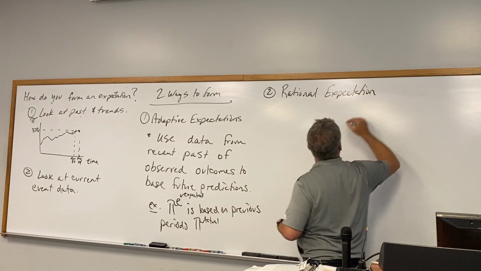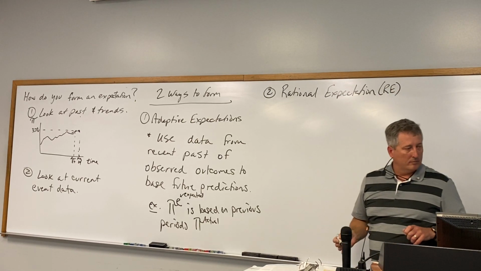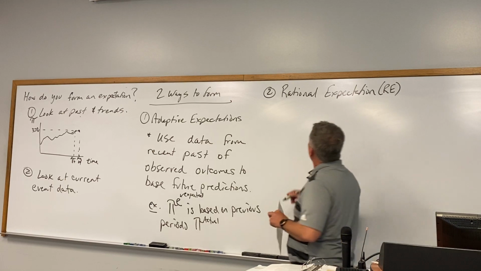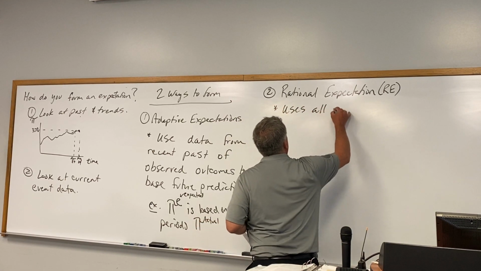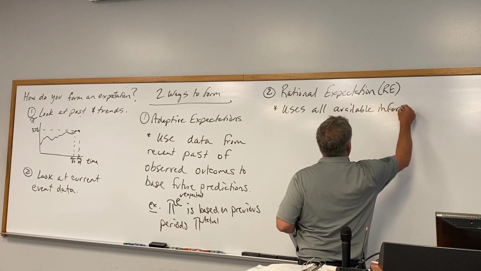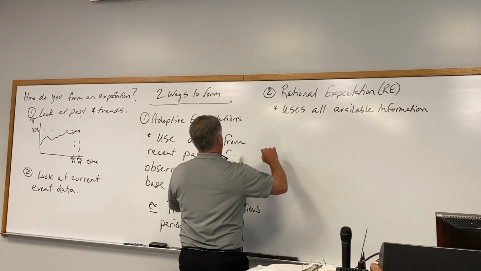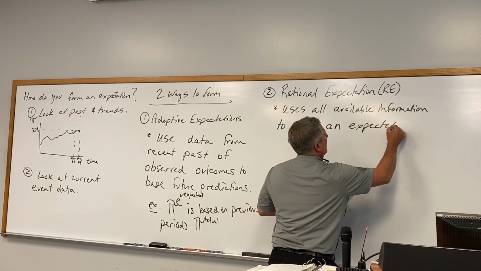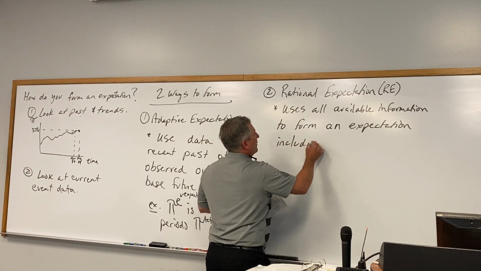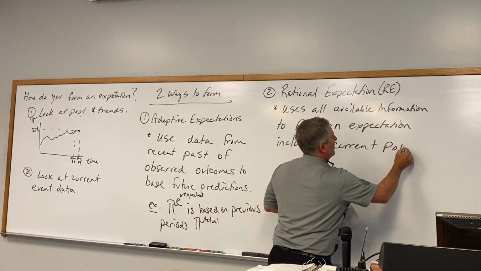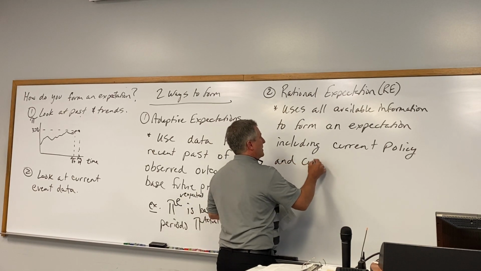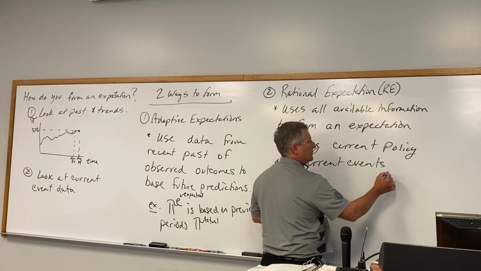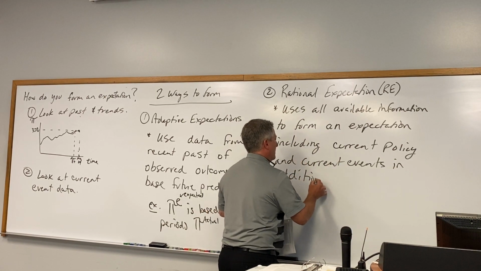A rational expectation uses all available information to form an expectation, including current policy and current events, in addition to historical.